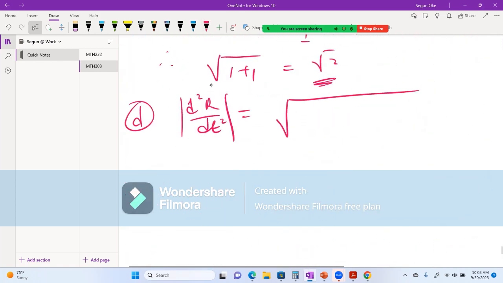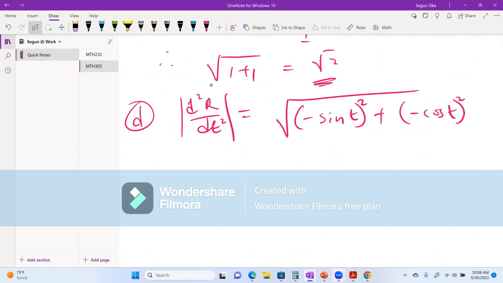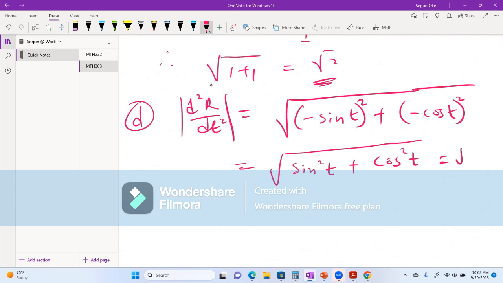So we have minus sine t squared plus minus cos t all squared. At the end of the day, you have sine squared t plus cos squared t, which is equal to 1. Any question?